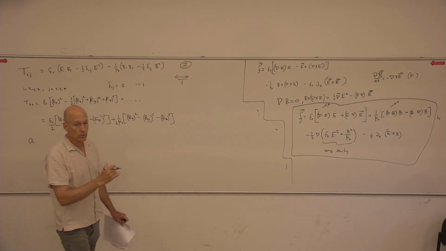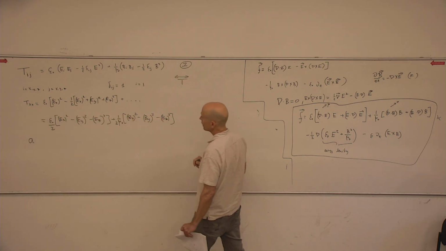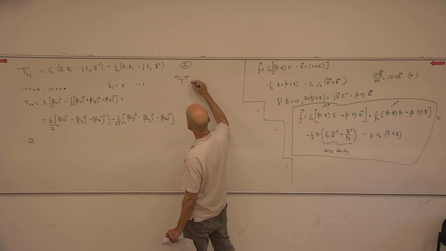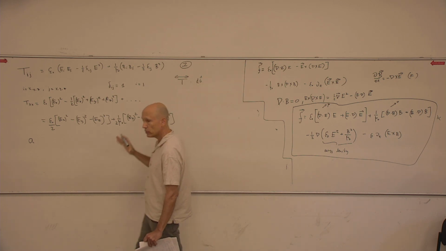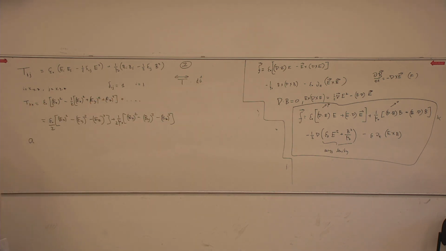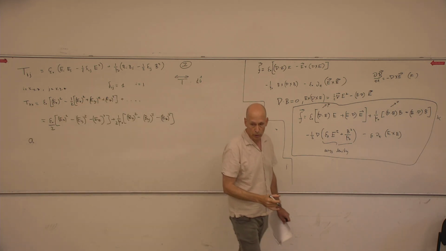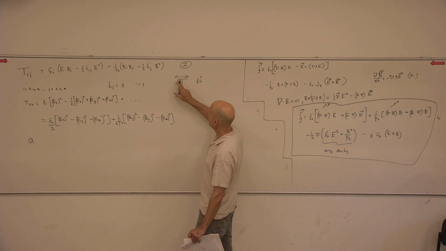This is a matrix, so it has this double notation. When I multiply T by dA, for example, later when I integrate, what am I doing here? I'm multiplying a matrix, because this is a tensor, by this dA, which is a vector, and the result is still a vector.